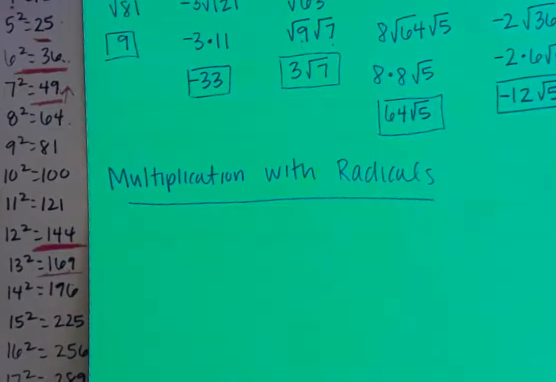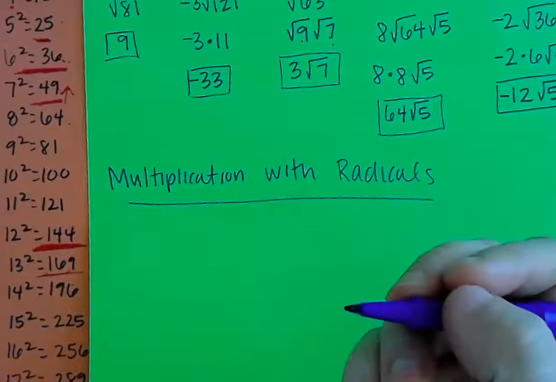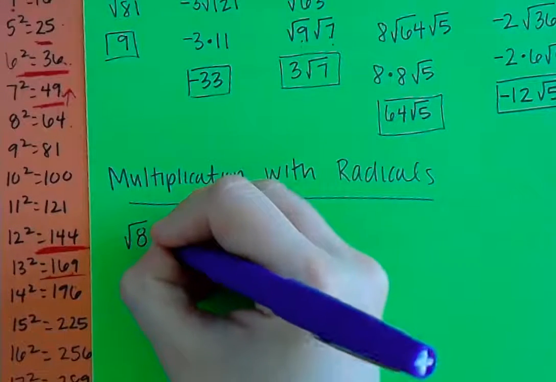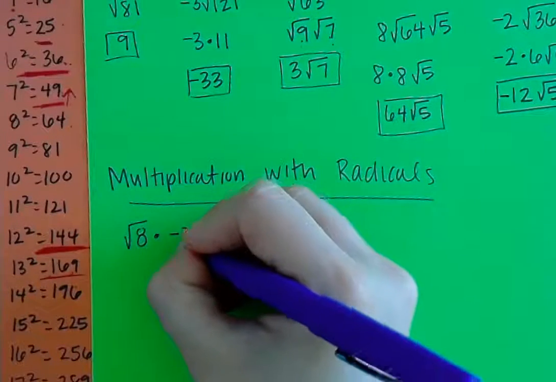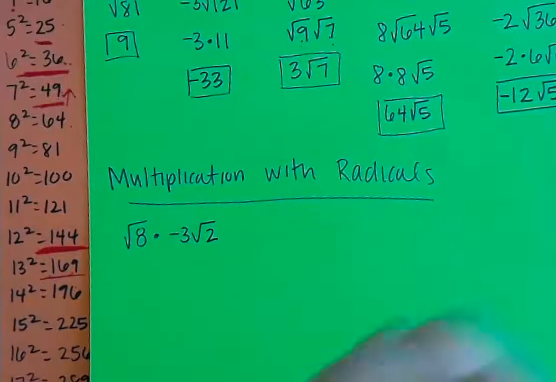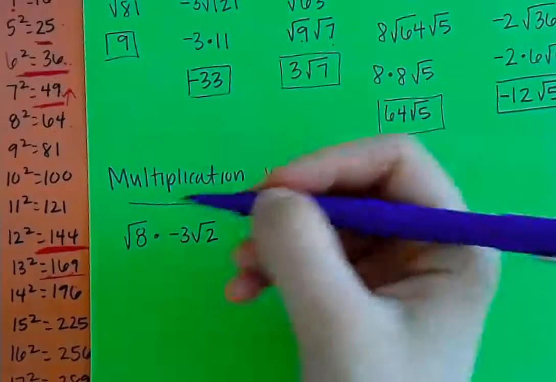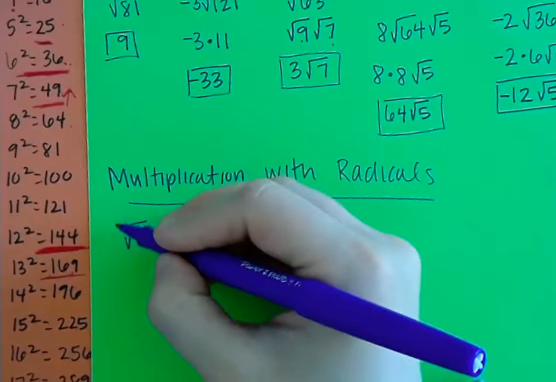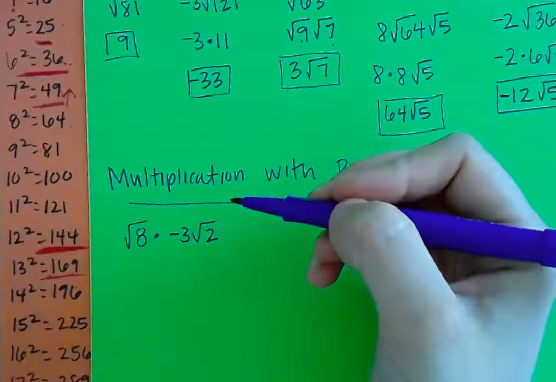Okay, here we go. What if you had a problem like this? The square root of 8 times -3 square roots of 2. Holy cow, what? I know, it looks kind of confusing, but it's not. So let's just think about some things here. What imaginary number is out in front of the square root of 8?